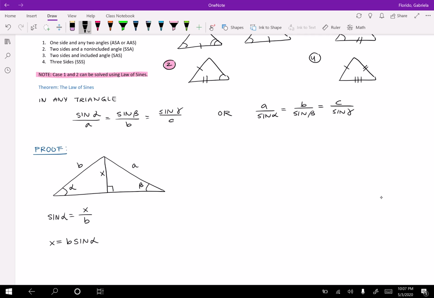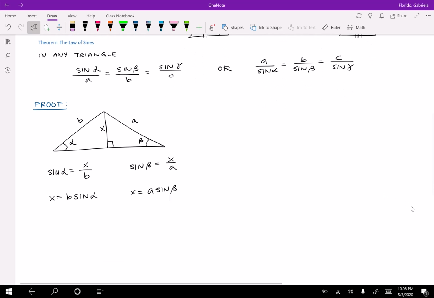I'm going to do the same thing with the other triangle. We have sine of beta is equal to x over a. And I'm going to solve for x. So x is equal to a sine of beta. Notice that both of these are equal to x, and so I'm going to make them equal to each other. And so I have b sine of alpha is equal to a sine of beta.